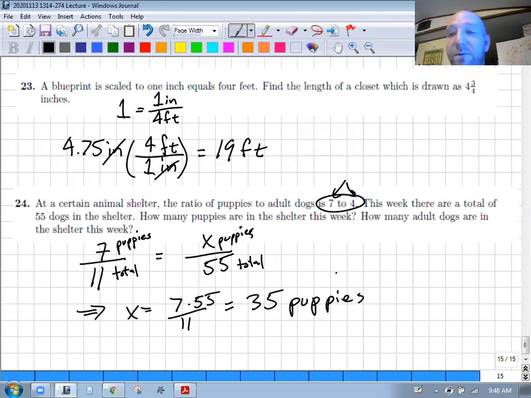Does that sound reasonable? For every 7 puppies, there are 4 adult dogs, so there should be more puppies than adults. If there's a total of 55, 35 puppies sounds about right.